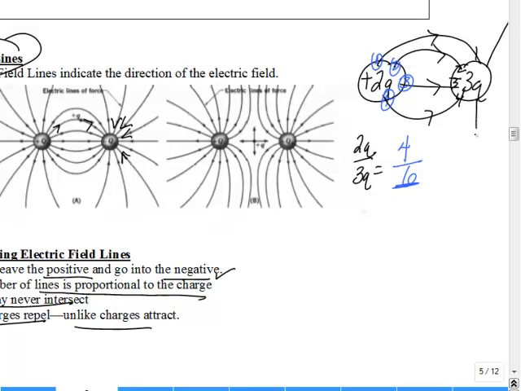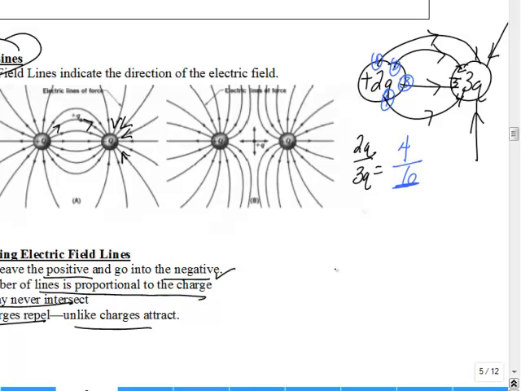So I need to draw 2 more lines coming in from who knows where, and I'm going to draw those arrows going into the negative charge. How many lines do you have to draw is always the question. It doesn't matter. You could have gone 2 and 3 and been correct. You could have done 14 and 21. It doesn't matter as long as that ratio is correct.